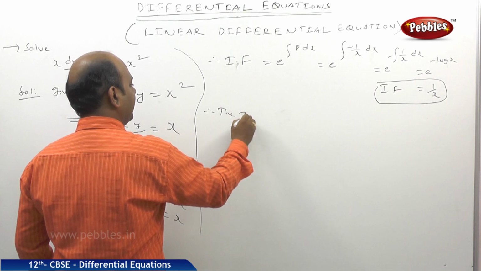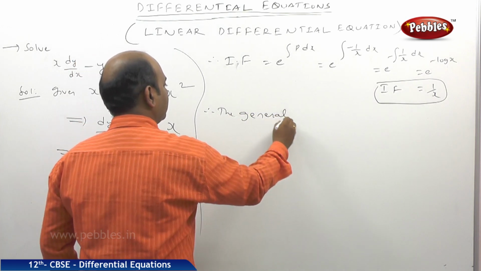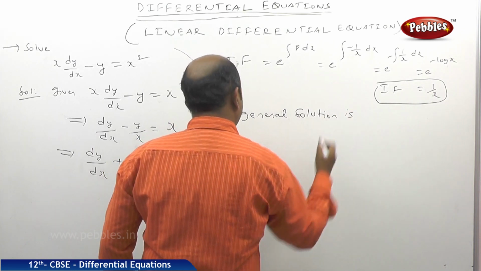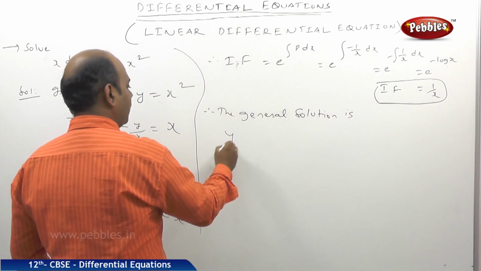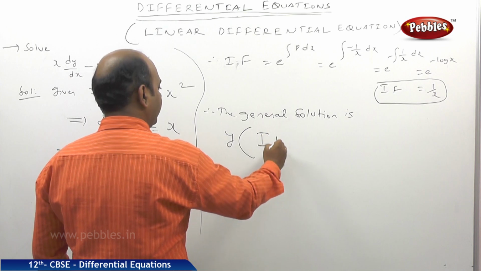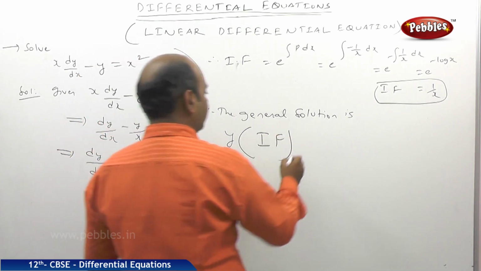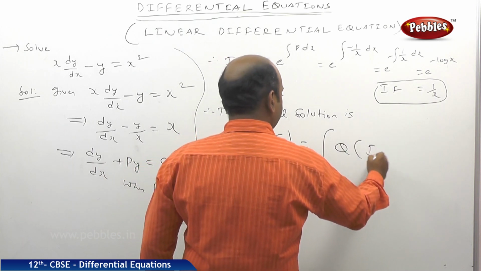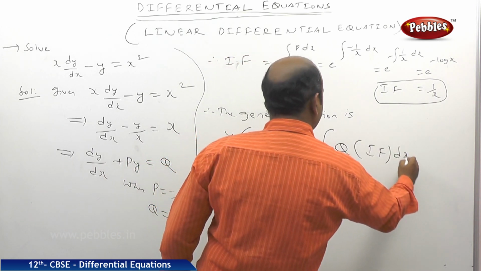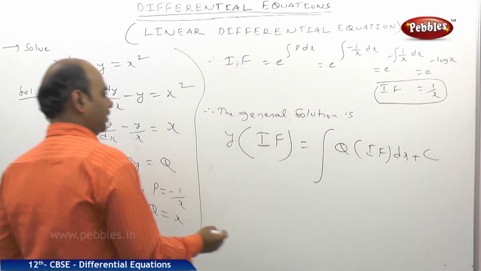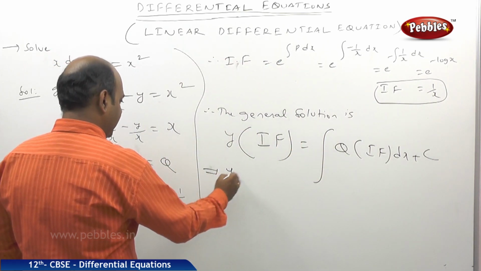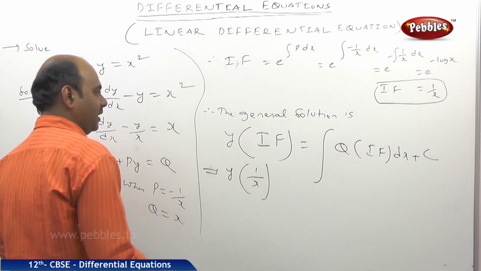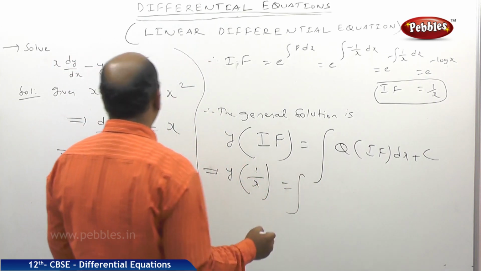Therefore the general solution is, we need to write the formula. What is our formula? y into integrating factor is equal to integral of q into integrating factor dx plus c. So what happens? y into integrating factor, what we got, 1 by x, is equal to integral of q.